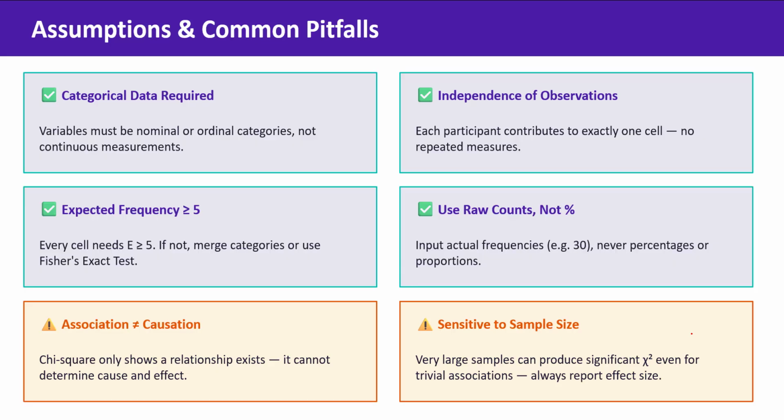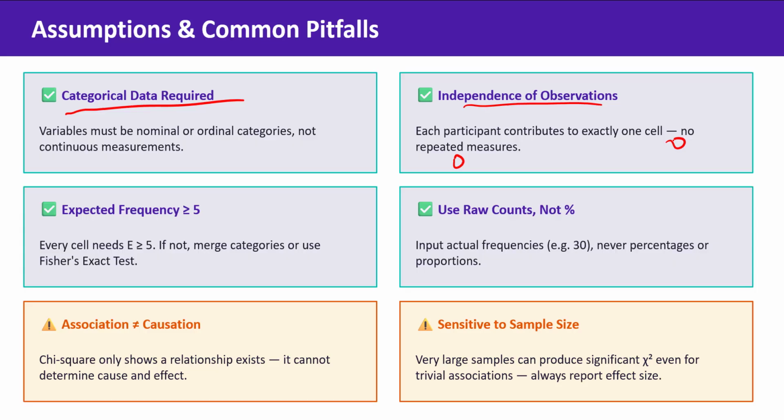Then assumptions and common pitfalls. First, we are using categorical data: the variables must be either nominal or ordinal categories, not continuous measurements. Independence of observations means samples should be a simple random sample, so all the data values within our sample are independent of each other, not repeated measures.